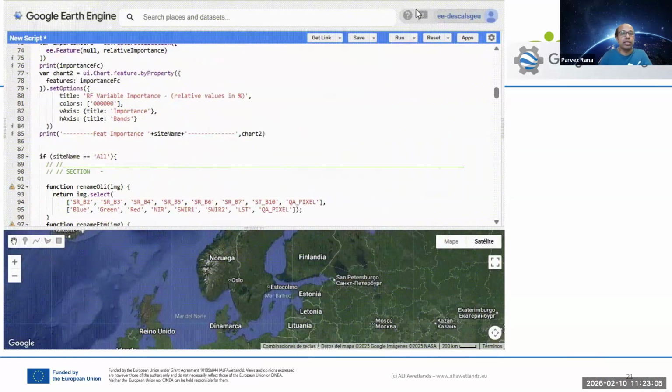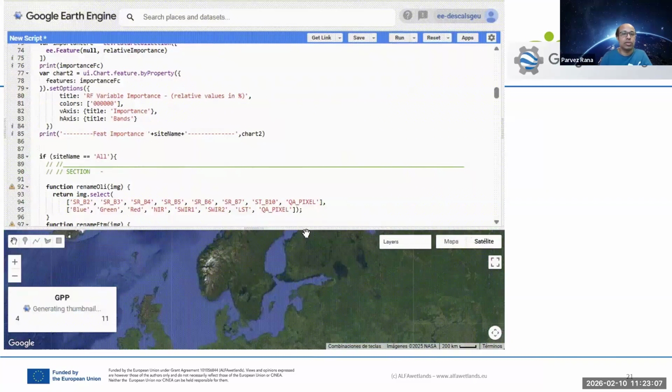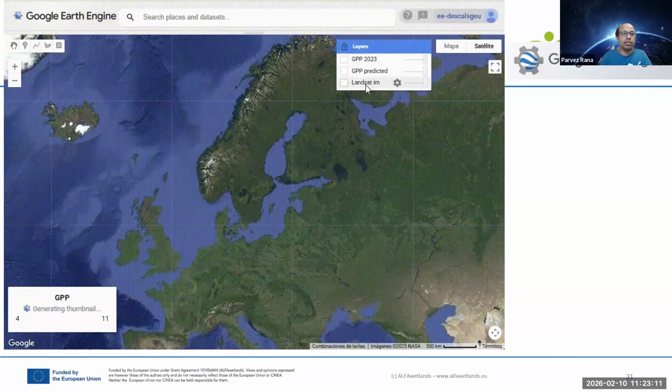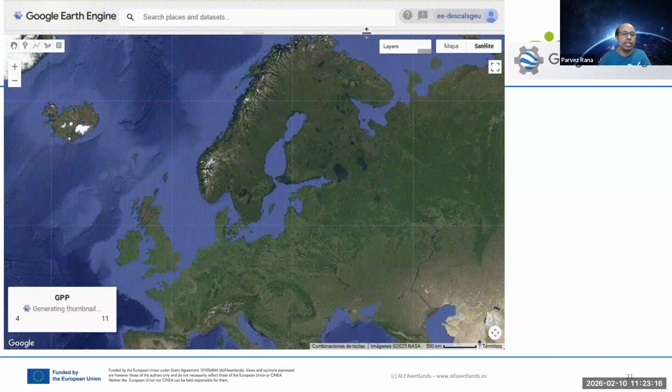Now you could see an example of how we did it. You could see that we have been using Google Earth Engine for our case study. You could have a look at how we did it.